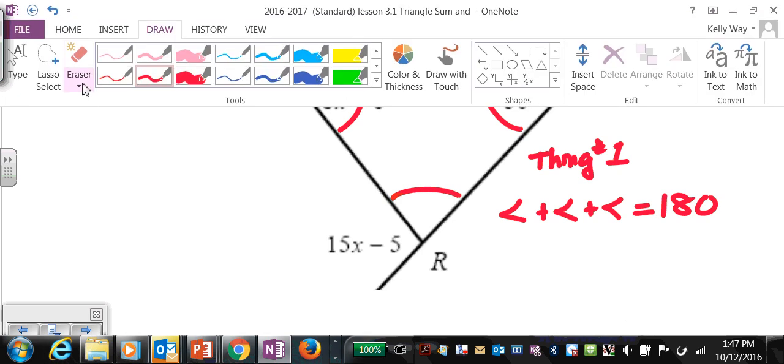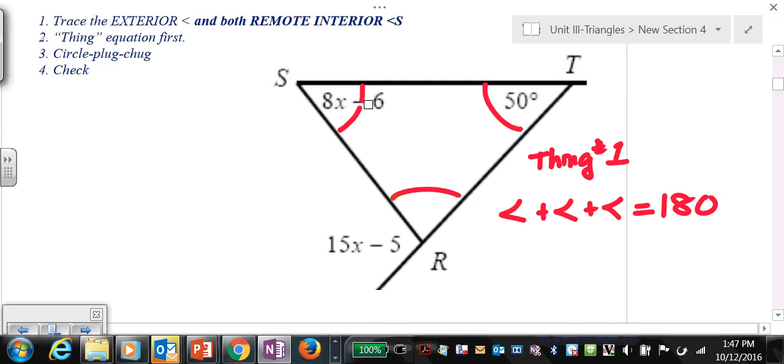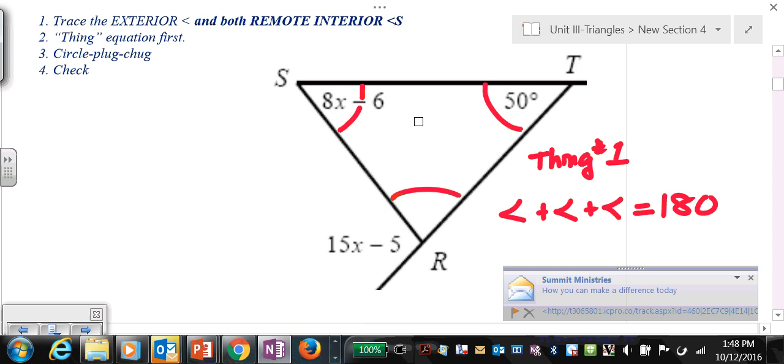The 3 angles of a triangle add up to 180. That's one equation. That would work here.